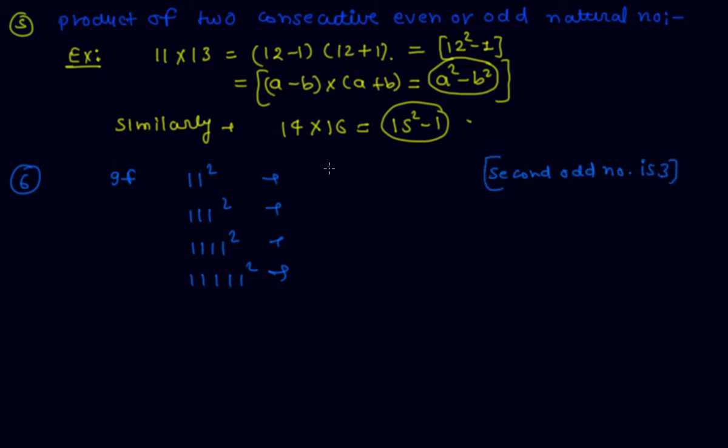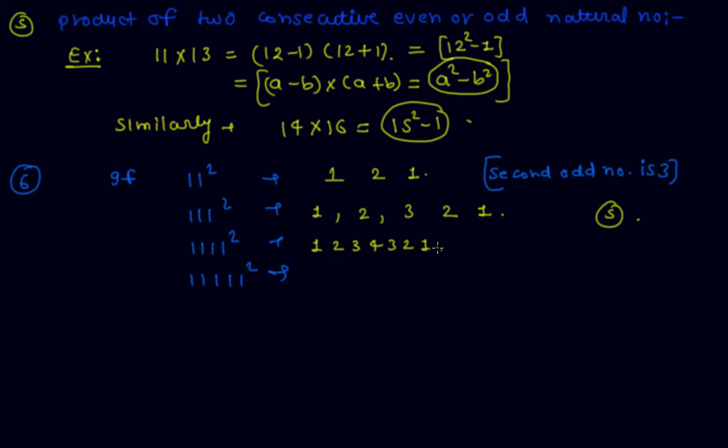Now write it this way: 1 2 1. This is the square of 11. In 111, the third odd number is 5, so write 1 2 3 and the reverse form 2 1: 1 2 3 2 1. This is the square of 111. For 1111, the fourth odd number is 7, so take 1 2 3 4 3 2 1.